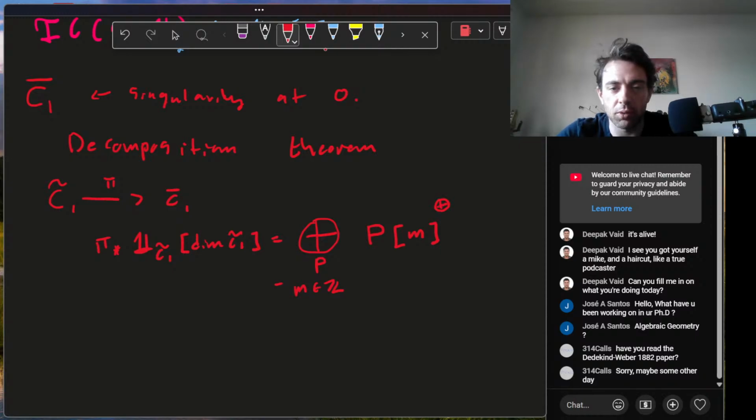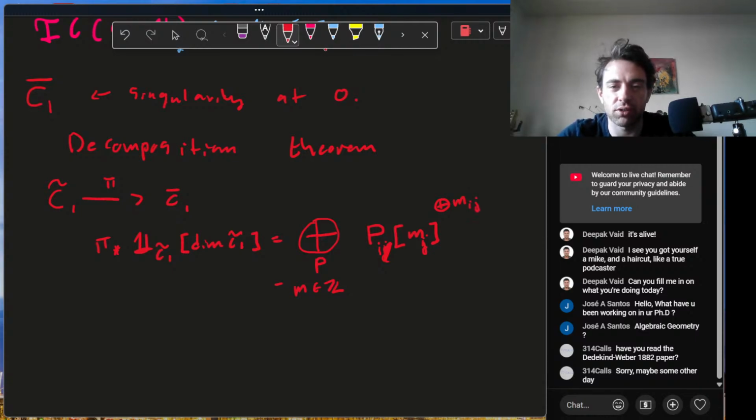Let's call this pi, and let's call this j for the jth shift of the ith perverse sheaf, and then this will be to some multiplicity mij.